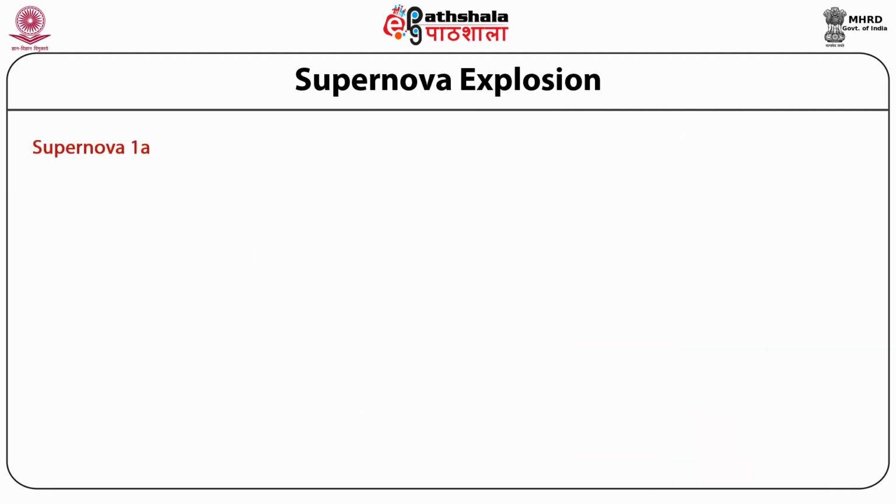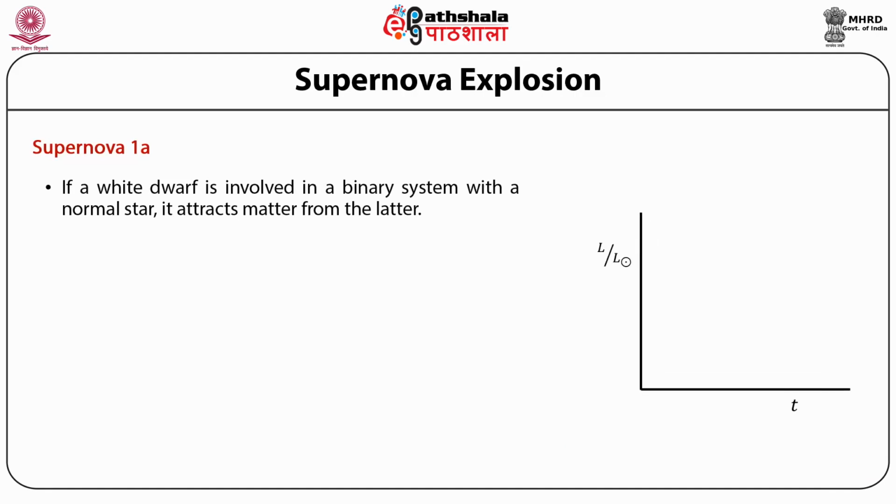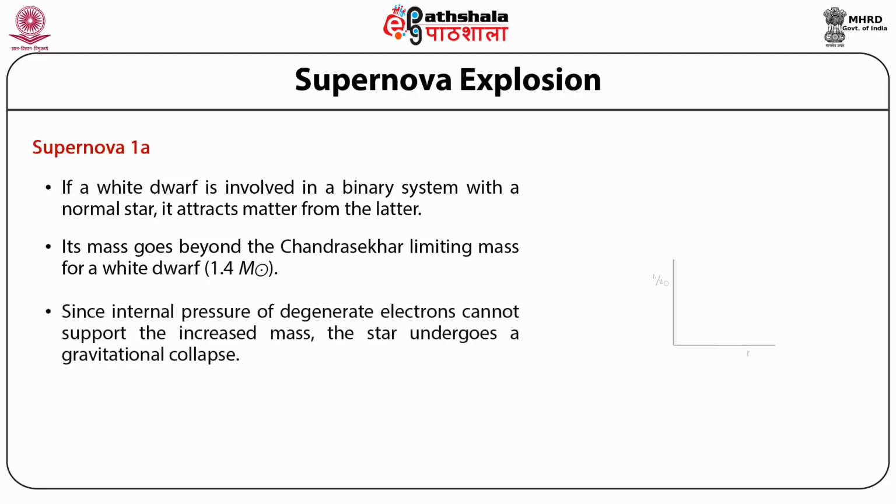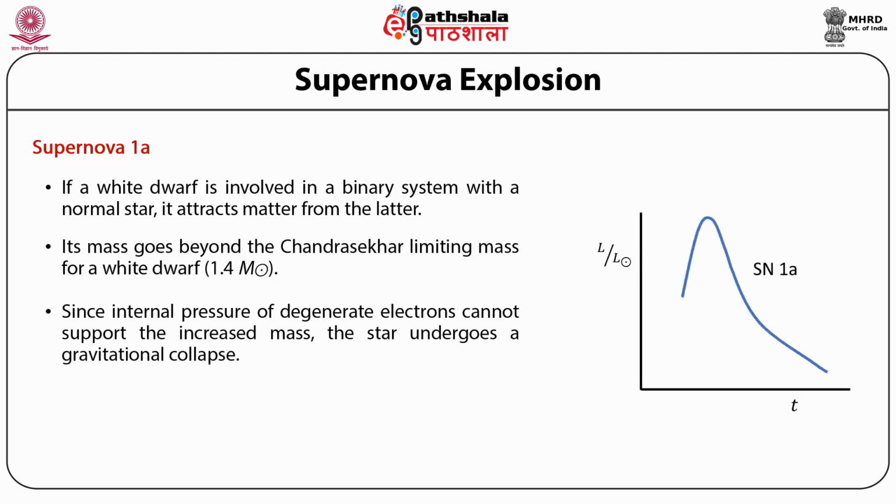Supernova 1a. If a white dwarf is in a binary system with a normal star, it attracts matter from the latter. If its mass goes beyond the Chandrasekhar limiting mass for a white dwarf, which is 1.4 solar mass, the internal pressure of degenerate electrons cannot support the increased mass, and the star undergoes a gravitational collapse.